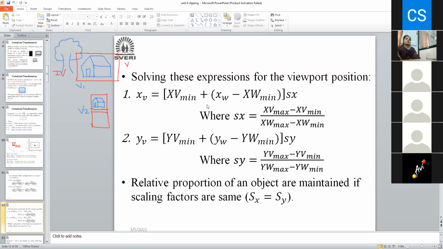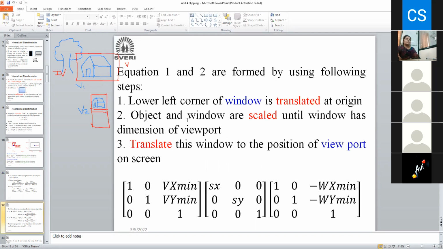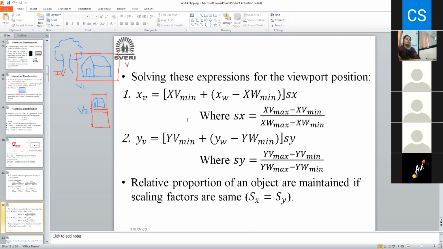And in that expression, I am going to perform the multiplication here. So I have the same formula that we took earlier.